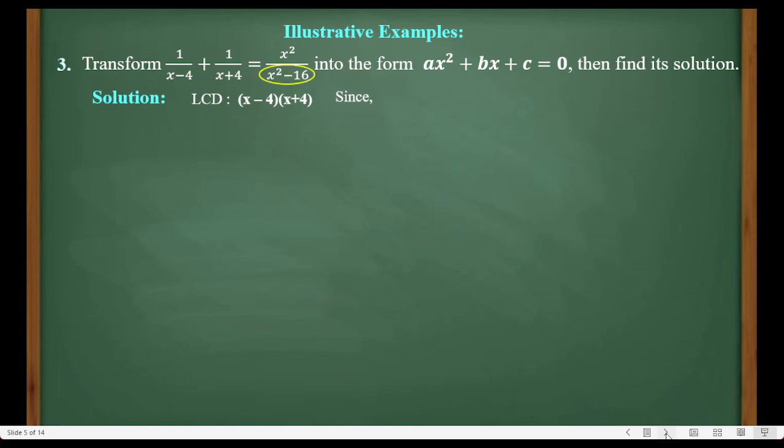When you get its factored form, it is actually the same as the LCD, which is quantity x minus 4 times quantity x plus 4. Meaning that this x squared minus 16 is the LCD itself. We only consider the factored form. Okay?